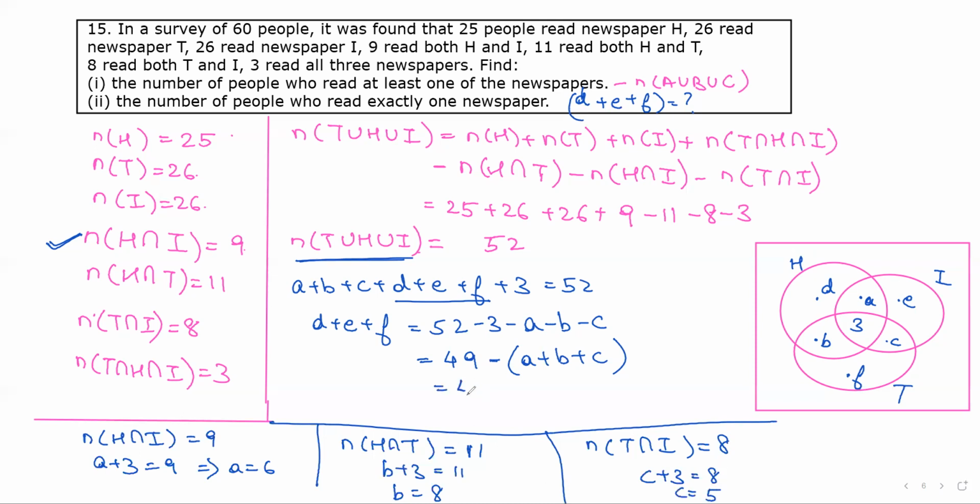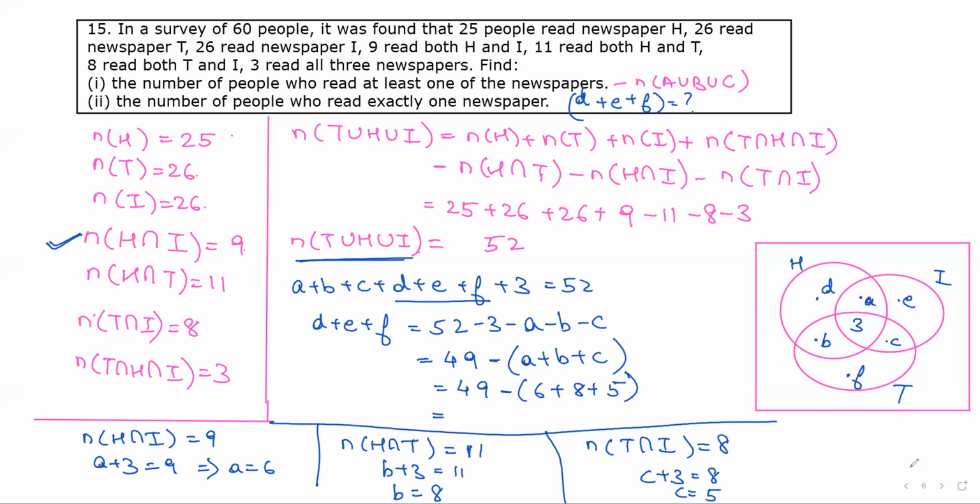So now you can easily write 49 minus 6 plus 8 plus 5. This is equal to 19. What's wrong? Did we do anything wrong?